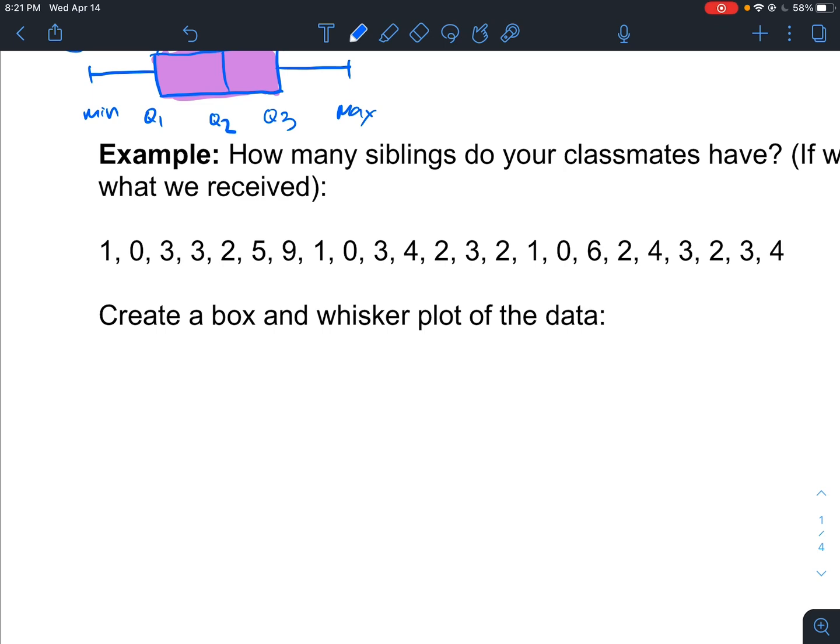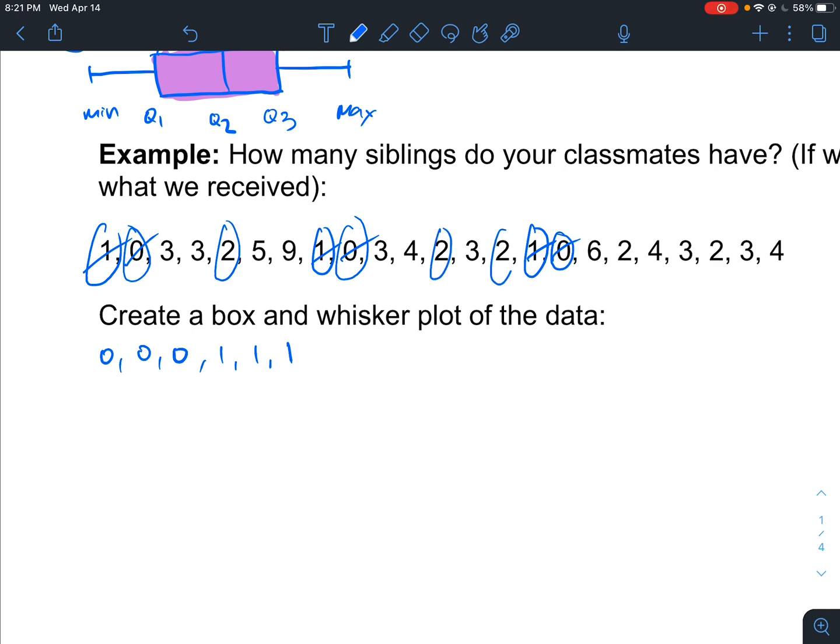Okay, so 0 is obviously our smallest number, and I see 3 0s. So I'm going to rewrite this. So 0, 0, 0. Okay, have those recorded. And then I see a 1, a 1, and a 1. So that's 3 1s. 1, 2, 3. Alright, I see a 2, 2, 2, 2, 2.